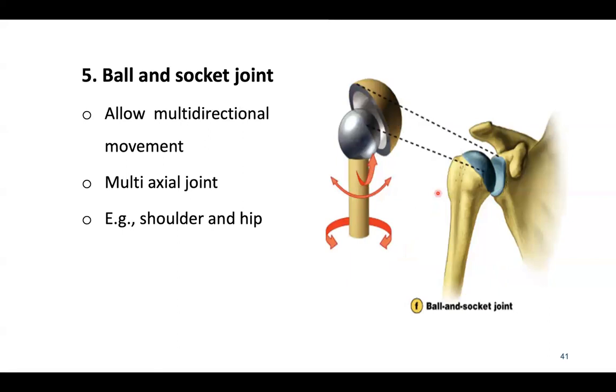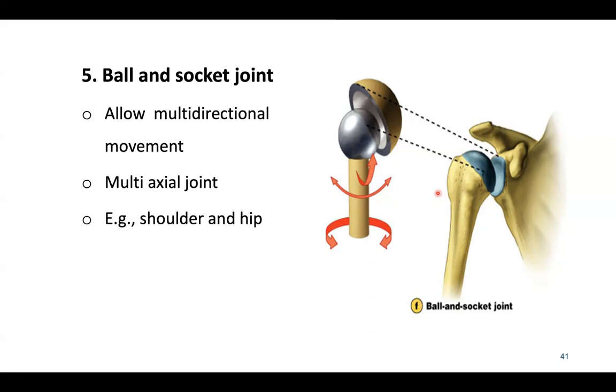The fifth type of synovial joint is a ball and socket type of joint. In a ball and socket, the rounded end of one bone articulates with a cup-like depression of another bone. Such joints are multi-axial joints, which means they allow movement in every axis. They allow flexion and extension in one axis, abduction and adduction, and also rotation movements.